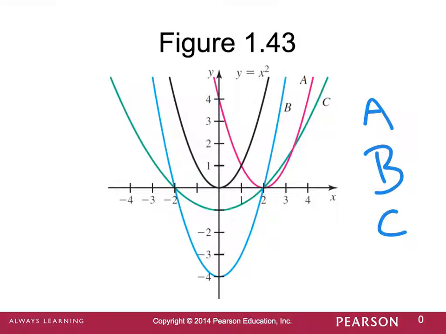If you cannot do that, then you will need to do some extra practice to get to that point where you can figure out, okay, this is shifted to the right 2 units. How do we accomplish that in the y equals x squared? You know, the green one is shifted down and it's also stretched horizontally or compressed vertically. Which one is it? How do you figure it out?